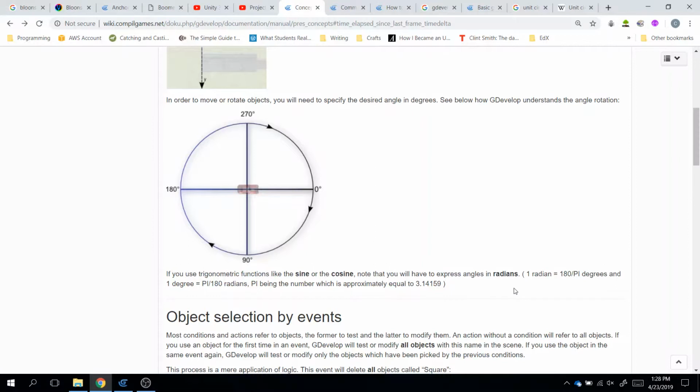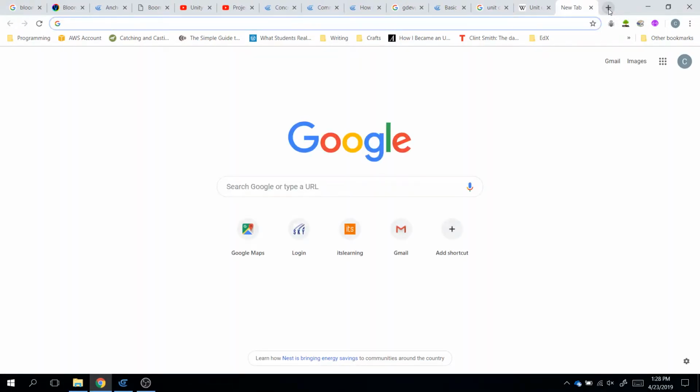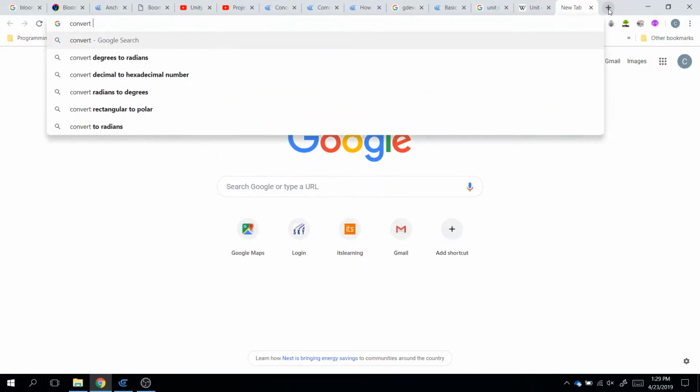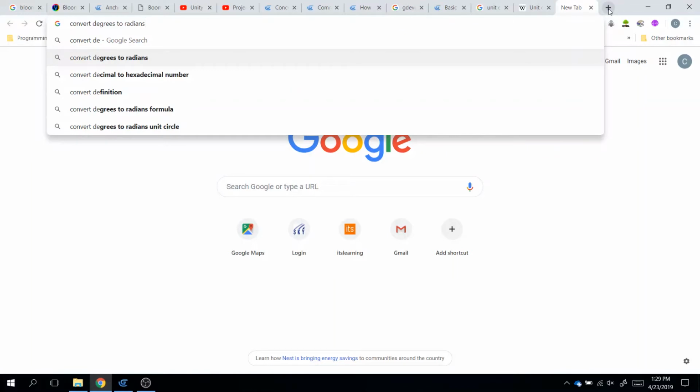So how do we convert degrees to radians? Well, it says 1 radian is 180 divided by pi degrees, and 1 degree is pi divided by 180 radians. Pi being a number approximately 3.14159. Okay, if you don't know what any of that meant, that's okay. Let's go ahead and search. I want to convert degrees to radians.